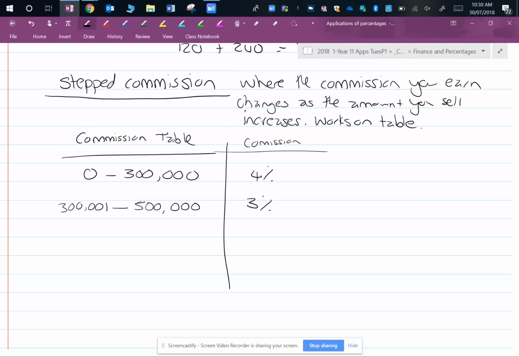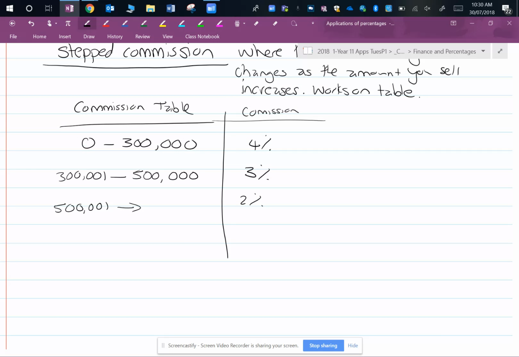It doesn't mean that if you sell a house for $600,000, you only get 2% commission of all of it. Doesn't mean that it's the same rate for the whole thing. What do you think it might be if I sell a house which is typically $600,000?